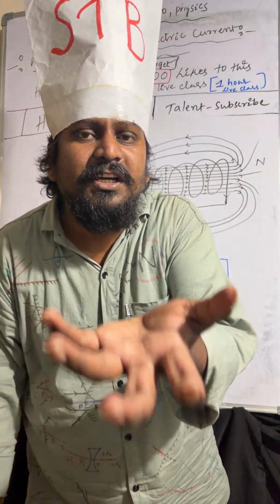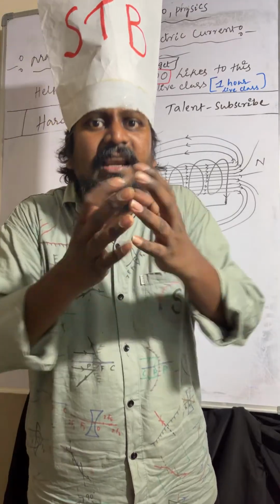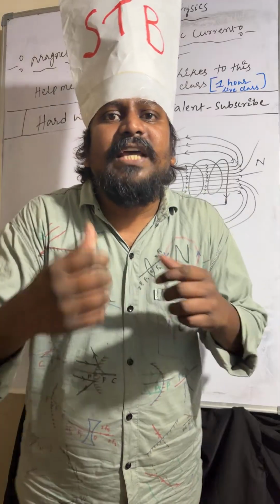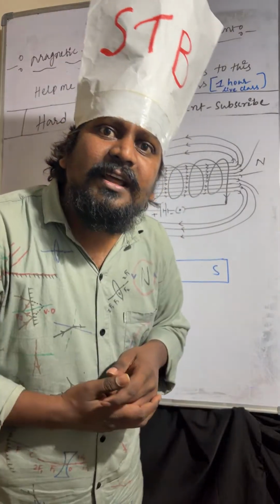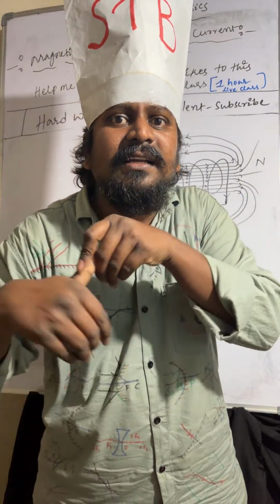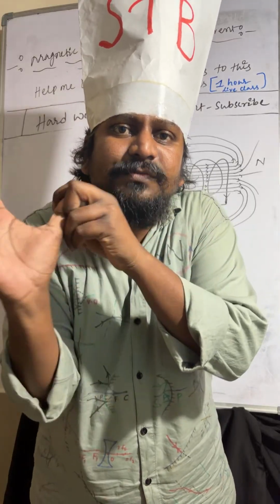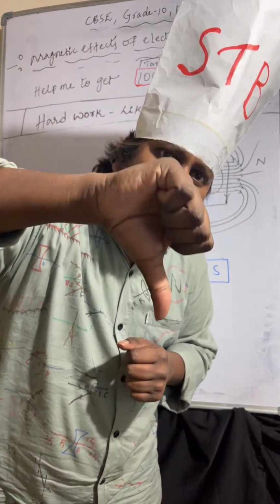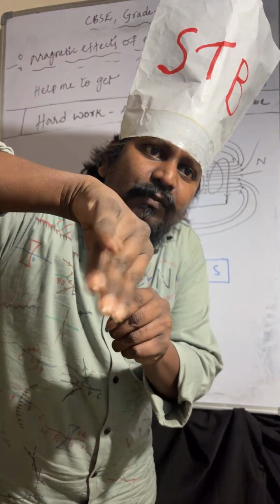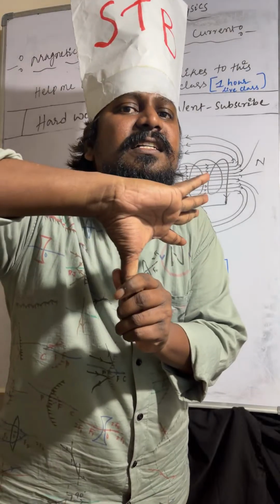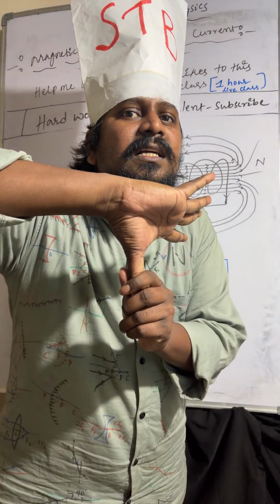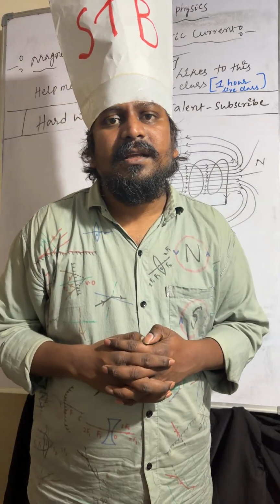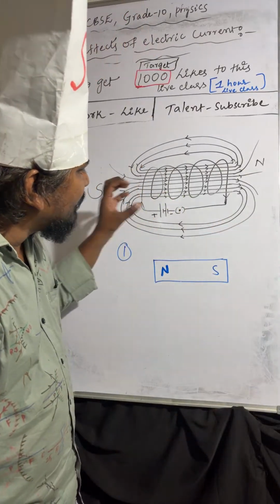As I mentioned in the earlier class, if the current is passing upward, the curly, folding fingers represent magnetic field. If the current is passing downward, the folding fingers represent magnetic field. Right?